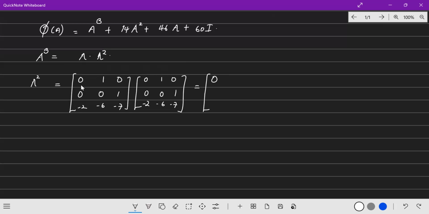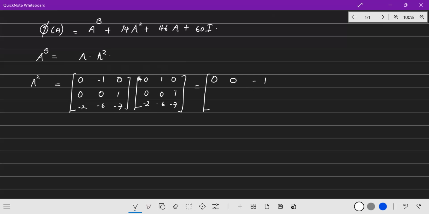Okay, again, the same row, 0 by 1, that's 0, plus 1 by 0, that is 0, plus 0 by -6, 0. So I have a 0 here as well. And then the same row, 0 by 1, 0, that is 0, -1 by 1, that is -1, okay? And then 0 by -7, that is 0. If you add all of them, you get -1 just, right? Okay.